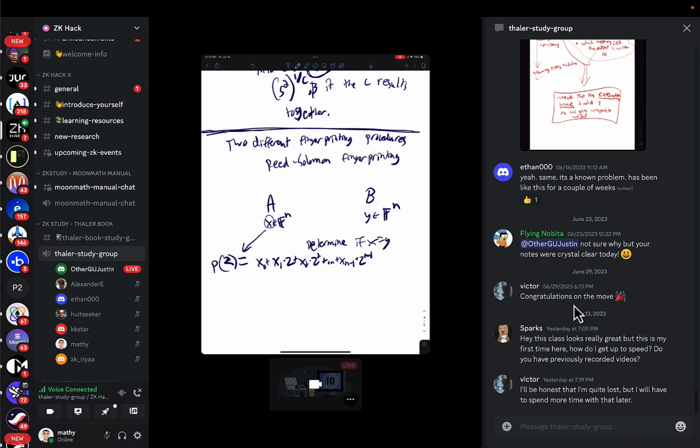The X is interpreted as just the list of coefficients of P. Okay, so Alice just interprets her input x as the coefficients of a polynomial, and similarly Bob interprets his as the coefficients of a polynomial q.